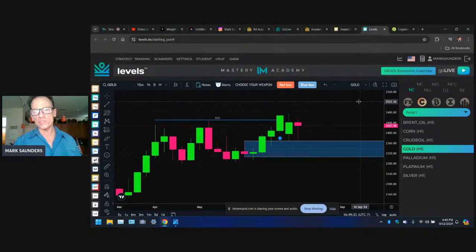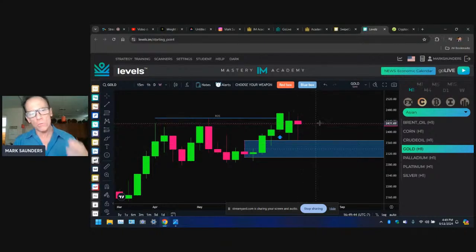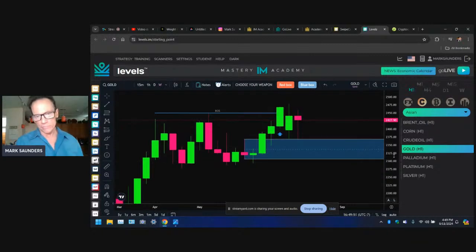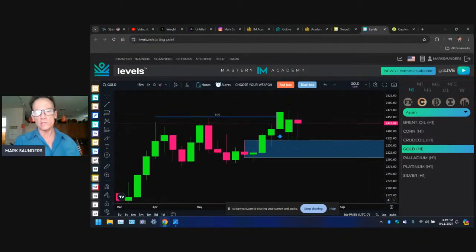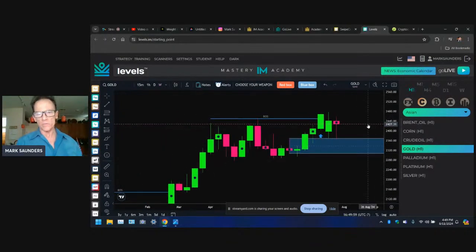But the rumor on the street is that we could see well over $3,000 gold at some point. So I'm a believer in gold and silver, but that's God's money. It's been around for a long time, and it's going to be around long after, right? Whereas currencies can really fluctuate sometimes. So this can be a really interesting hedge. Just something for you to think about.